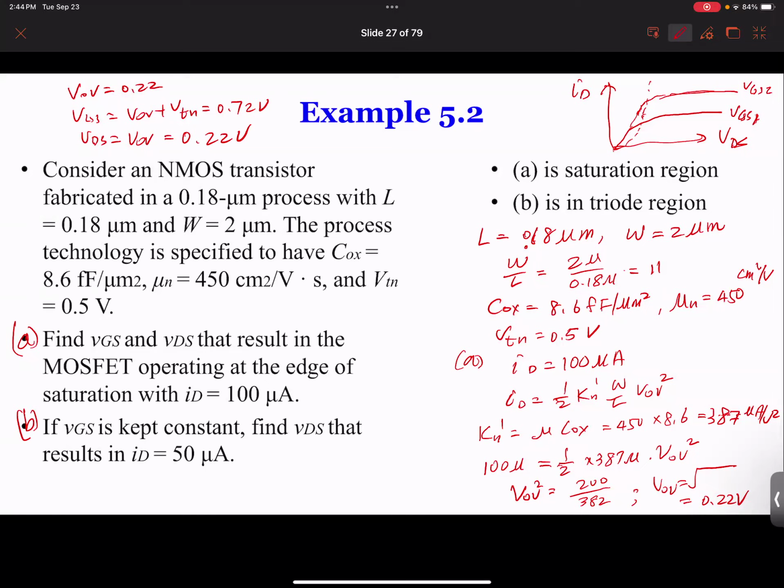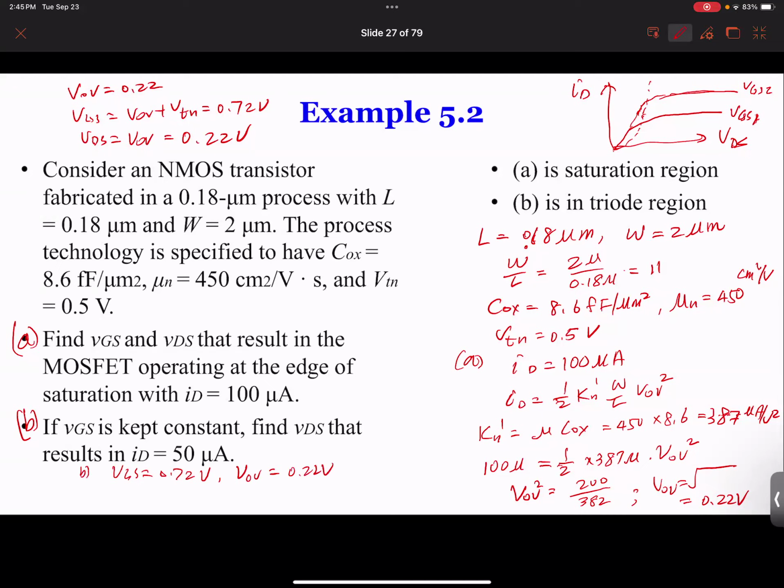Now for B, so that's A, right? For question B, it asks you to solve for VDS that results in ID equal to 50 microamps. Apparently VGS is kept constant, which means VGS is equal to 0.72 volts. And so VOV should not change, which is going to be 0.22 volts, right?